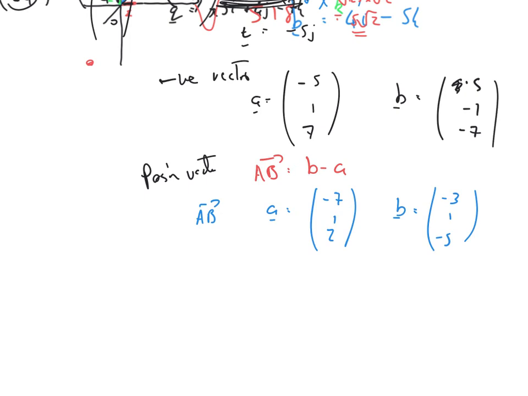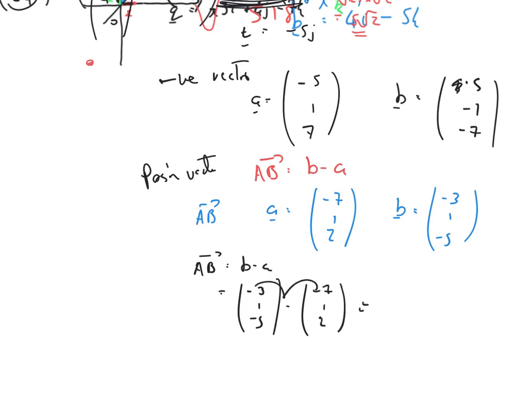Okay, so AB then is equal to B minus A, and that's minus 3, 1, minus 5, minus 7, 1, 2. Minus 3 minus minus 7, minus 3 plus 7, that's 4, 1 minus 1, that's 0, minus 5 minus 2 is minus 7.